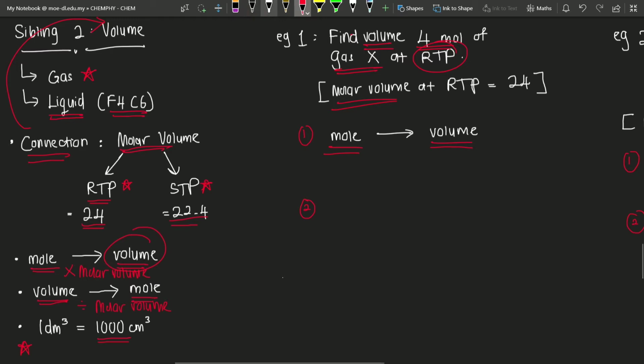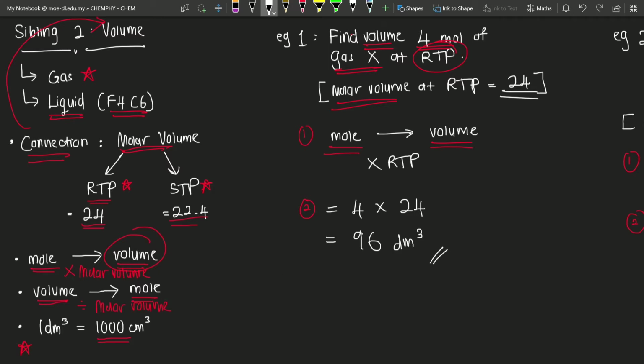Mole to sibling, you will multiply by our connection, which is RTP. So our calculation will be mole to volume, multiply by RTP 24. Therefore, you will get 96.